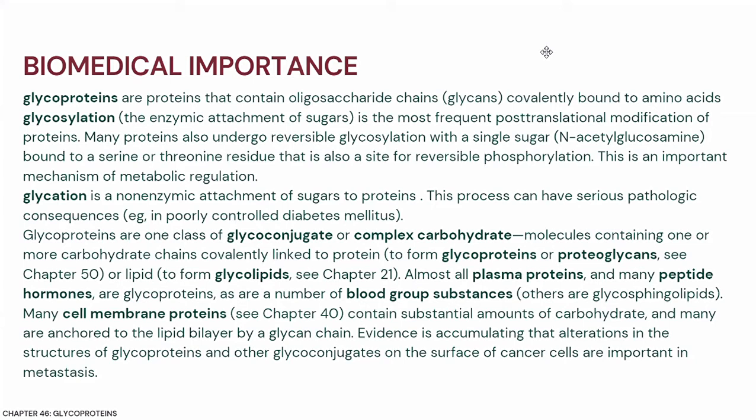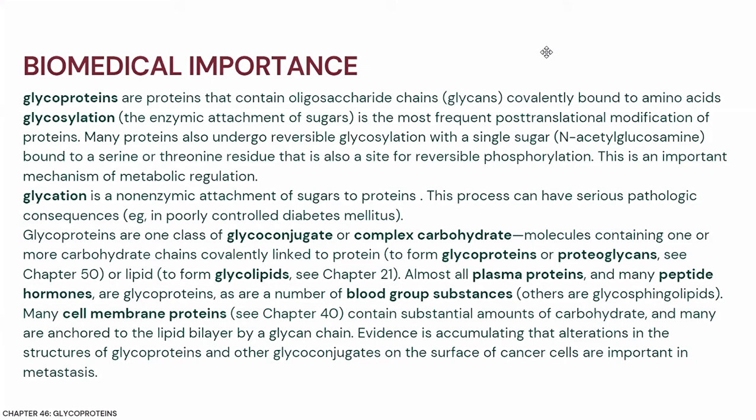In this case, the compounds that are added are sugars. So that's why they are called glycoproteins. The process is glycosylation, utilizing enzymes for the attachment of sugar to the protein.